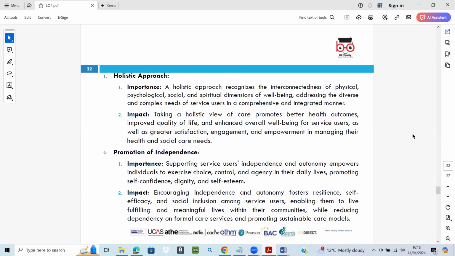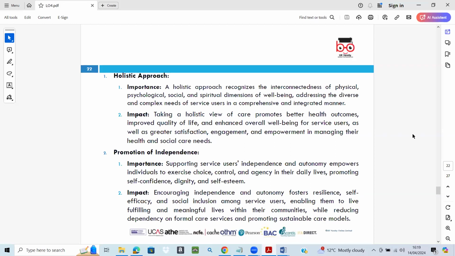Then in the next slide, we have a holistic approach, its importance and impact. Then promotion of independence, its importance and impact.